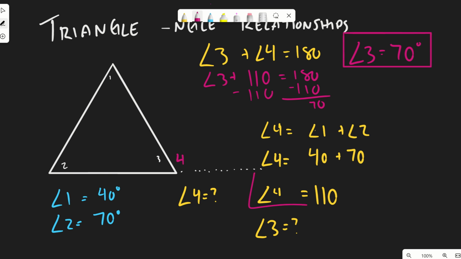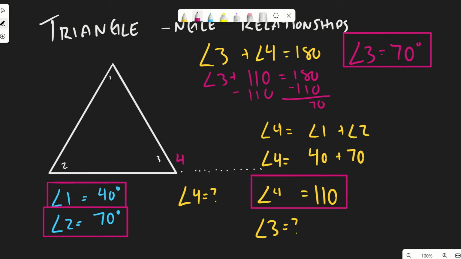Now I know every angle on this triangle: my 3 angles in the middle, and my missing exterior angle.